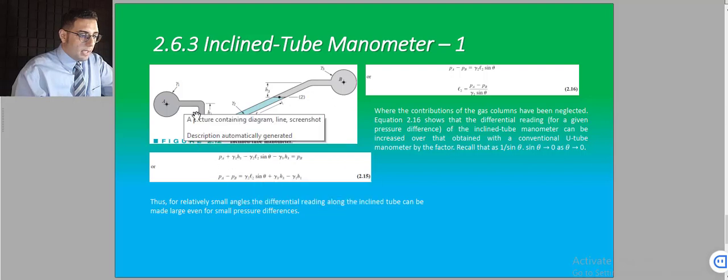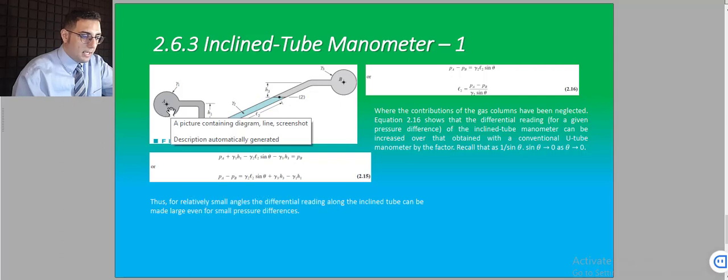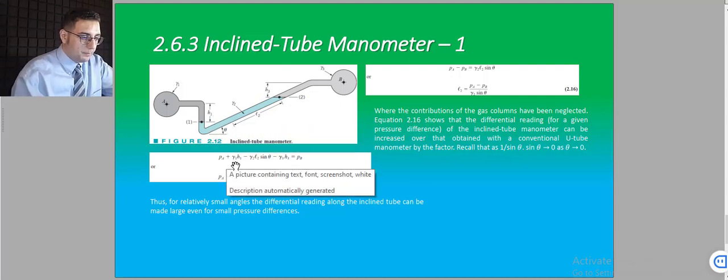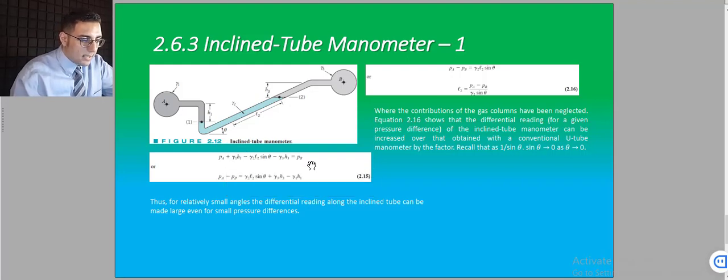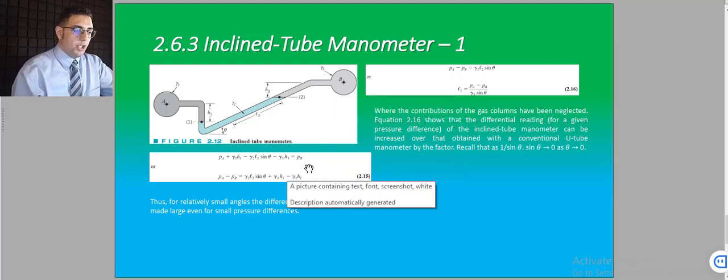If we have a pressure of point A, we have to add gamma 1 H1 minus gamma 2 L2 sine theta minus gamma 3 H3 and equate it with pressure B.